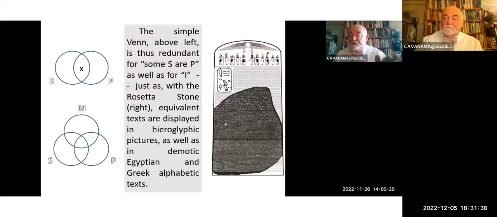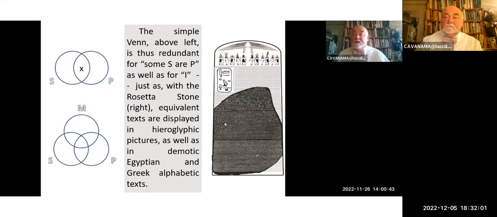Here's the dark bit, the actual surviving bit of the Rosetta Stone in the British Museum in London. The rest of it is the conjectured bits that have been lost. But basically, the Rosetta Stone was discovered in the early part of the 19th century by Champollion traveling with the French expedition in Egypt. And nobody could read hieroglyphs up to this point.